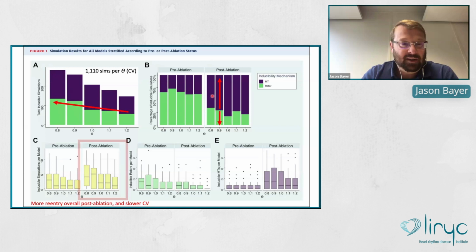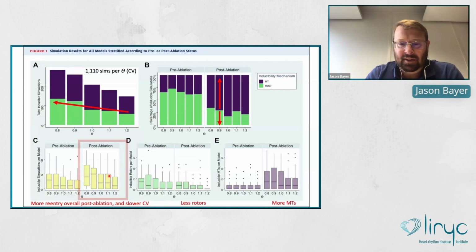In panel C down here, they're mentioning that in general, with the slower CV, the mean inducible simulations per the model also goes up. But I also noticed, and they didn't really highlight this, that for some reason post-ablation as well, there seems to be overall more inducibility of an arrhythmia.